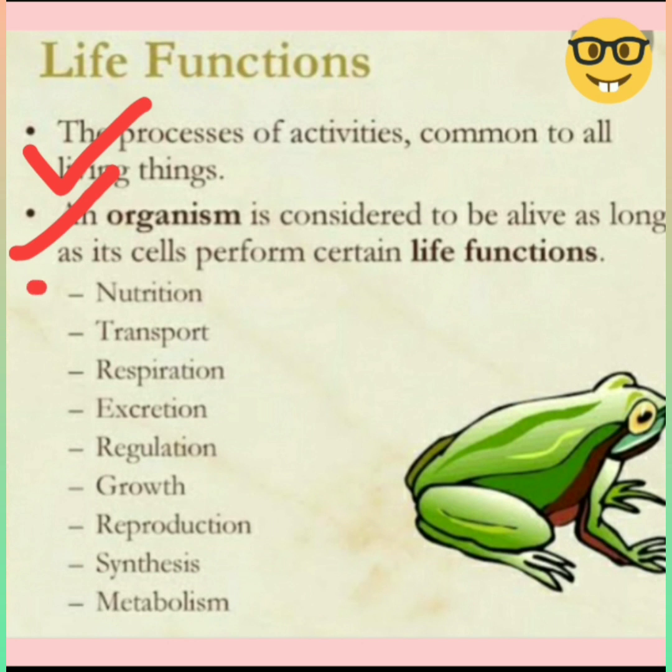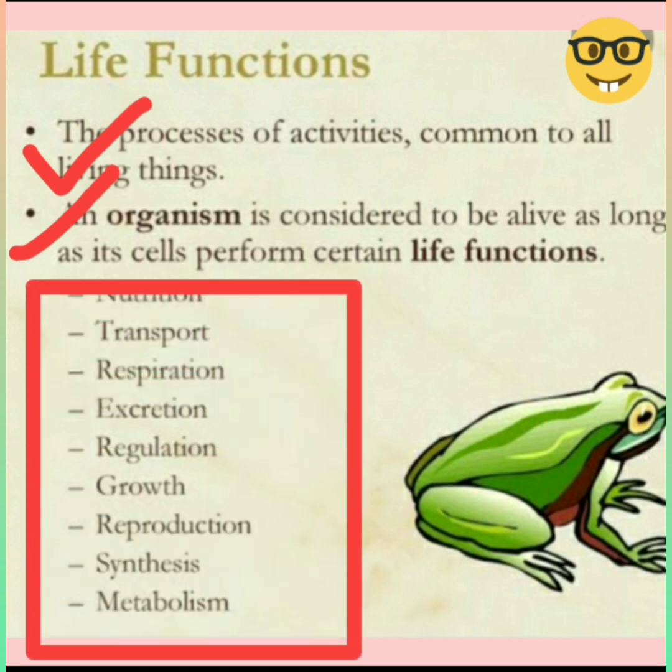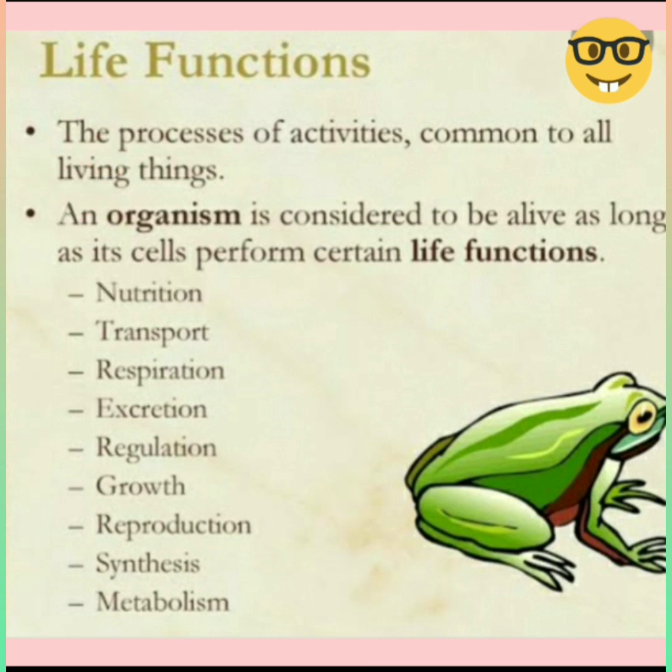What are the functions? Nutrition, transport, respiration, excretion, regulation, growth, reproduction, synthesis, metabolism. Living organisms eat, they grow in size, they respire, they excrete, they reproduce the young ones of their own kind.